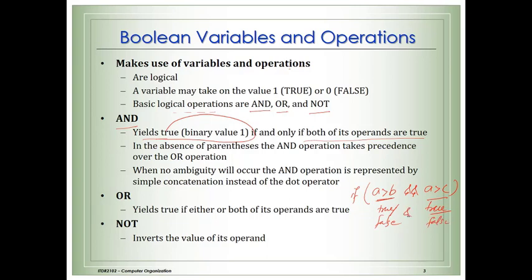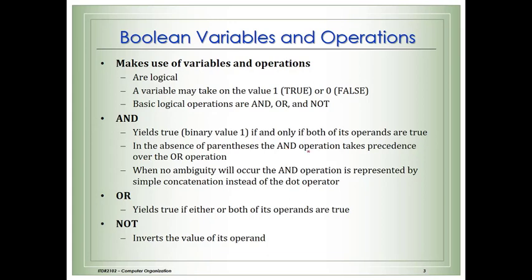So whenever you apply the AND operator on these two logical values, you will get the result either true or false, that we call 1 or 0. That is the same here. The AND operator yields true, meaning binary value 1, if and only if both of its operands are true.